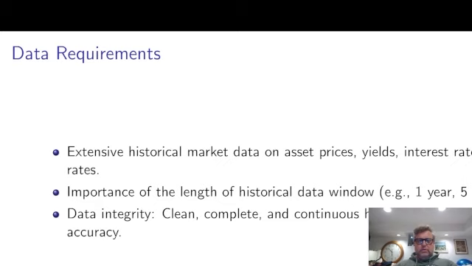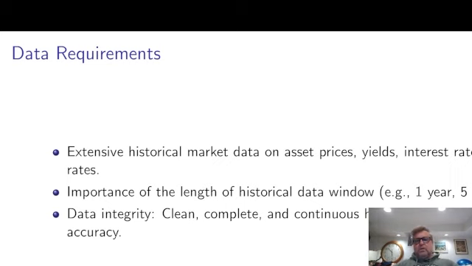So what we need from a data perspective, again, we need historical market prices like before, but the purpose this time is different. Before, we needed historical market data to calculate correlation and covariances. Here, we actually need the historical market data to generate the actual scenarios that give us the distribution of the market data, of the prices of the portfolio.